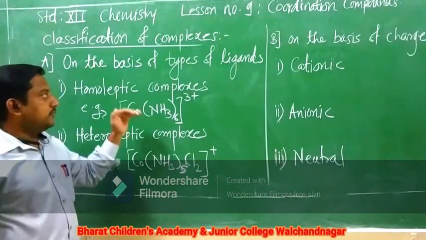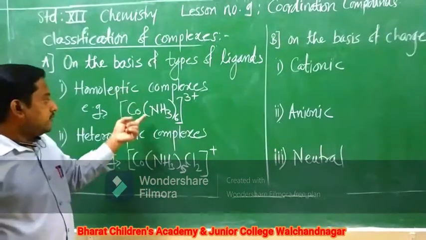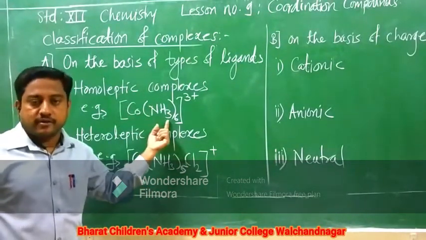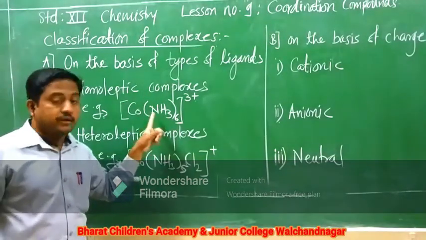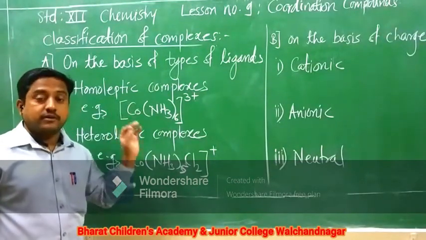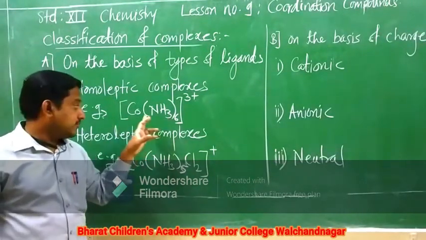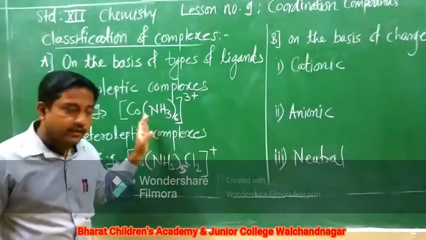Why is it called a homoleptic complex? See, I told you these types are based on the type of ligand. Now you can see in this particular coordination complex, you have only a single type of ligand. That is, only the ammine ligand is present in the complex. Therefore, one type of ligand, hence it is called a homoleptic complex.